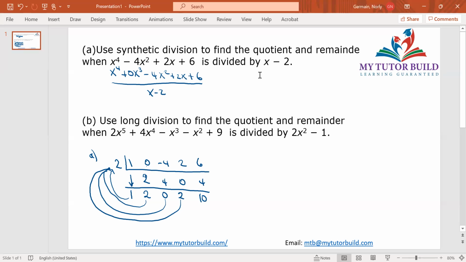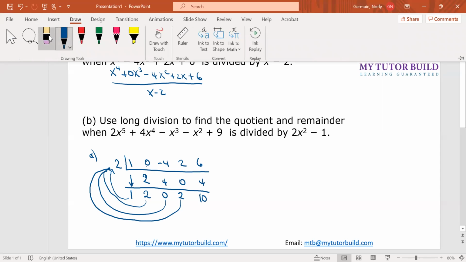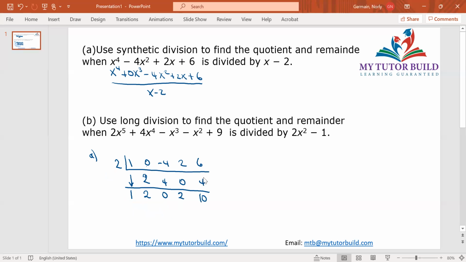What we were expecting is to have the last term equal to 0, because the last term is the remainder. Unfortunately, in this case, the last term is not 0. So we have a remainder of 10. Because the largest exponent is power 4, we expect the first term here would be power 3.